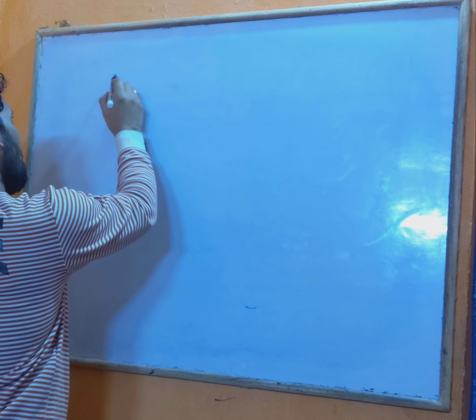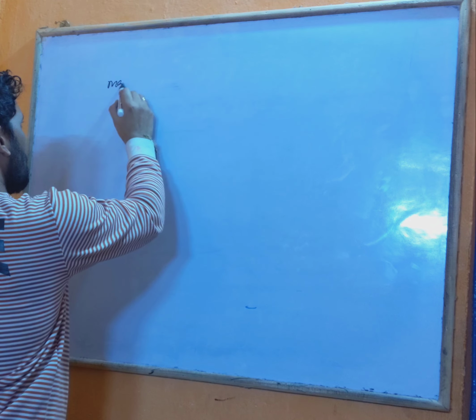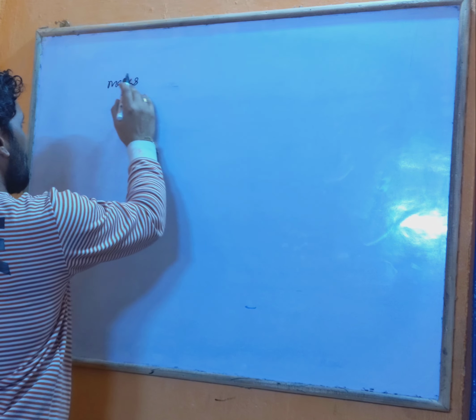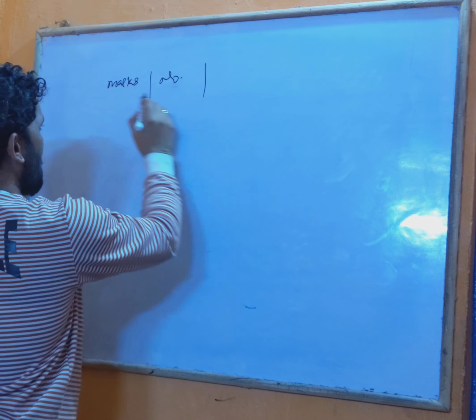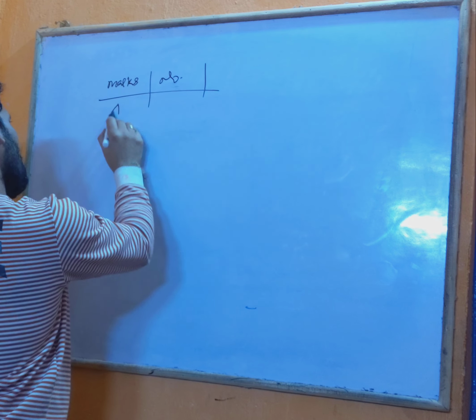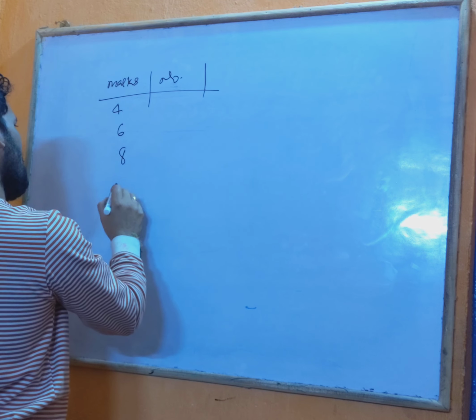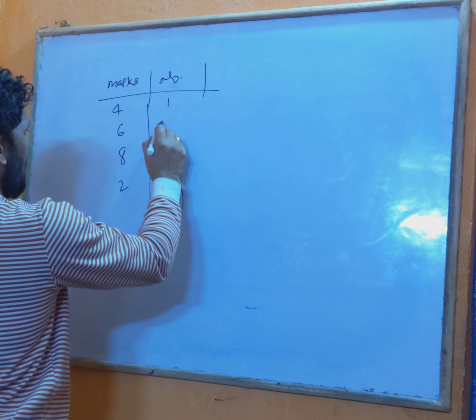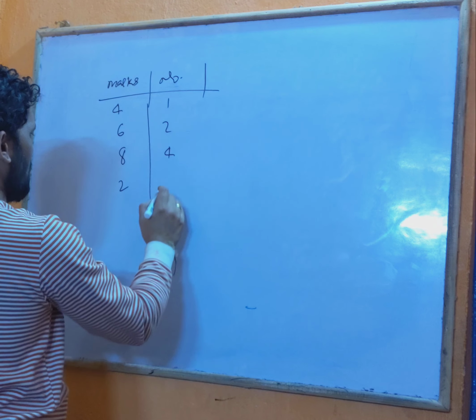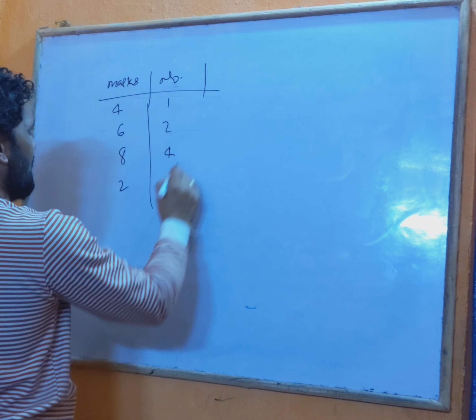Consider an example. Marks are 4, 6, 8, 2, and the number of students are 1, 2, 4 and 3.